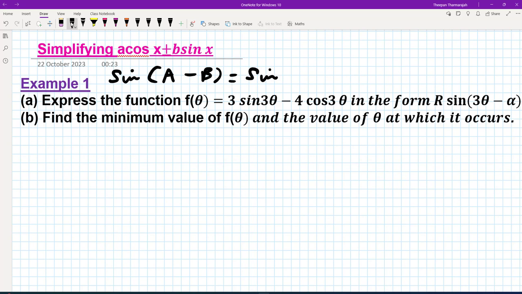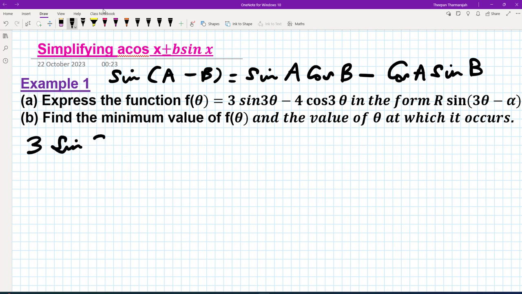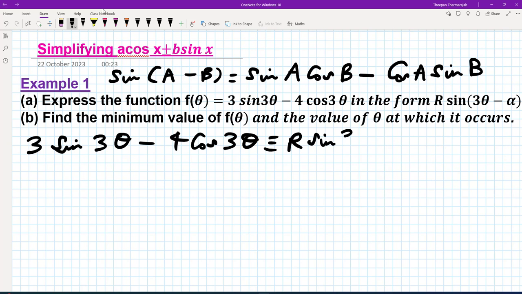That's going to be sine A cos B minus cos A sine B. So now what we can do is rewrite this expression as 3 sine 3 theta minus 4 cos 3 theta, which is identical to r sine 3 theta cos alpha minus r cos 3 theta sine alpha.